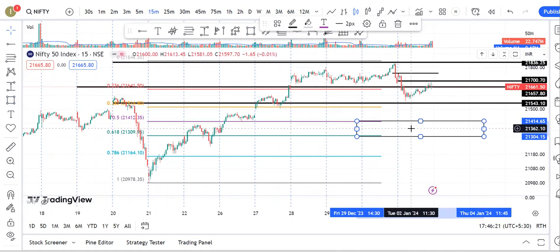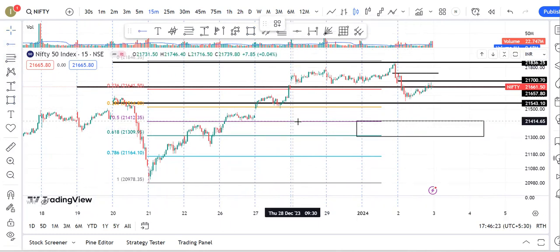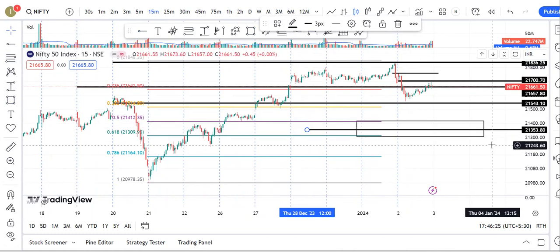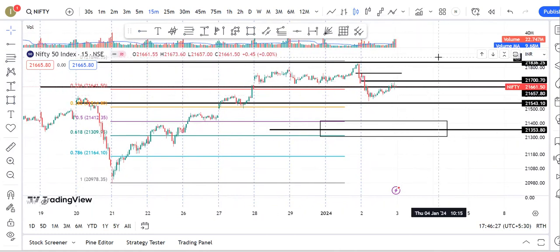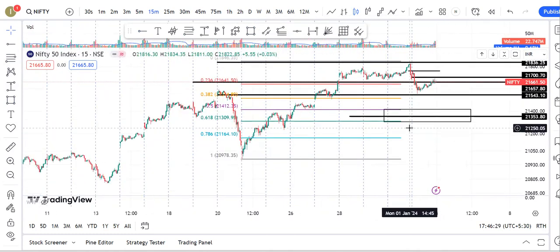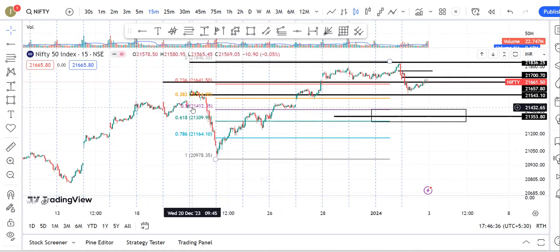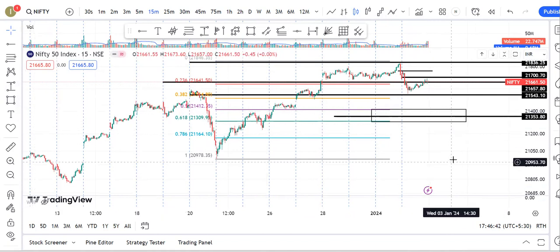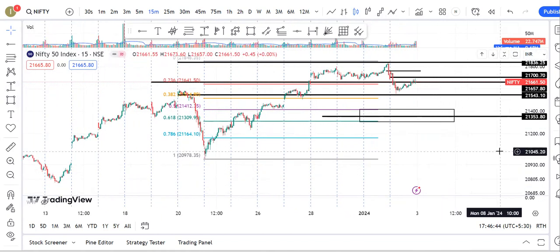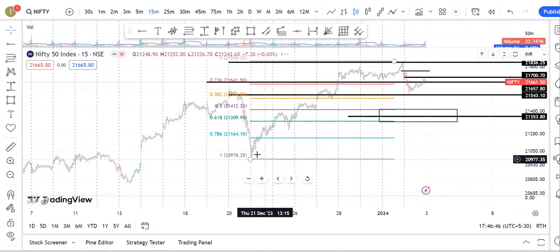Any level, for example, 21,362 will be a very good level for the Nifty to gather momentum. It will not be any violation of swing, and a correction like this will help Nifty gather momentum to go higher.